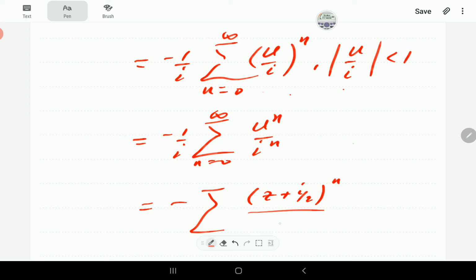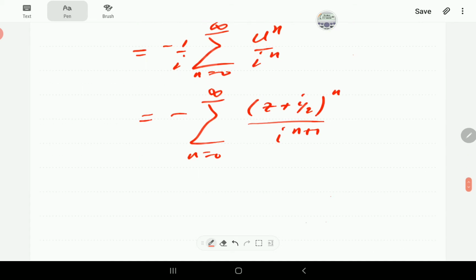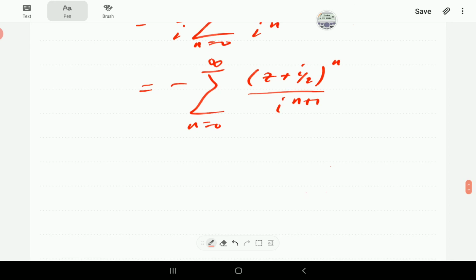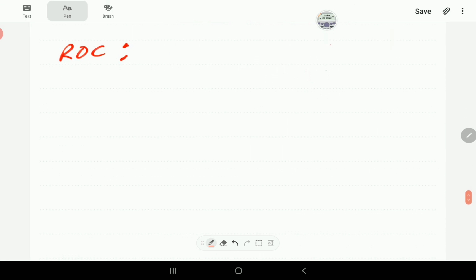And then in the denominator, there's going to be i to the power n plus 1. Which you may recognize is exactly the same series that we obtained in the part 2 video, but using repeated differentiations. Then we are now going to come back to the issue of the region of convergence.